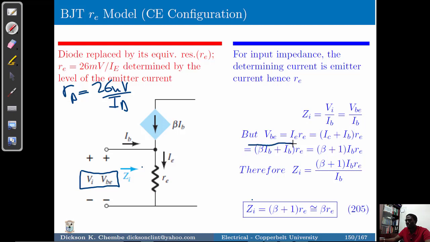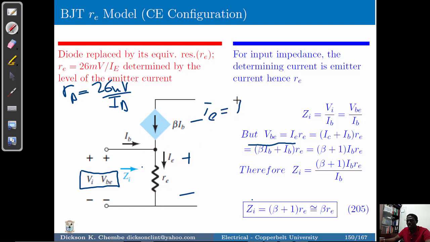But we know that VBE is equal to the emitter current multiplied by the r-e resistance, which is the voltage across this resistor. So it's this current multiplied by that resistance. And we know that that current is a sum of the base current and the collector current that will go through the emitter.